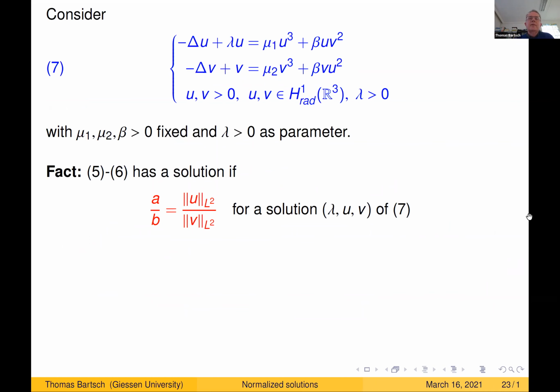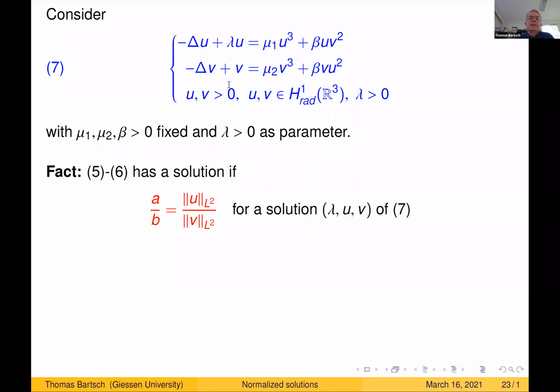this setting, with this explicit nonlinearity being homogeneous, we can first reduce to one parameter. The second parameter can be normalized to 1. This is just a rescaling.